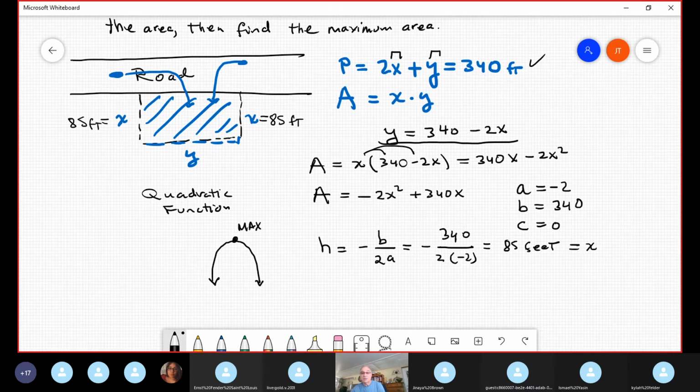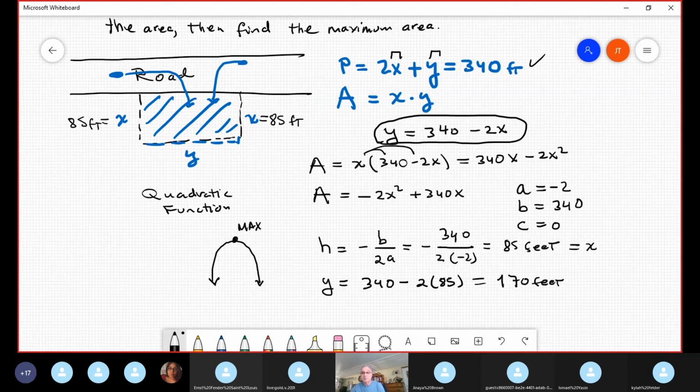I take advantage of this equation. I know the x value, I want to find y: 340 minus 2 times 85. This is 170 feet. This is the y value. This is 170 feet.